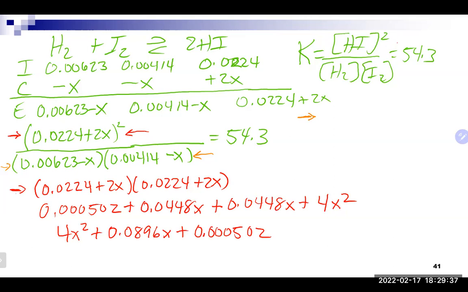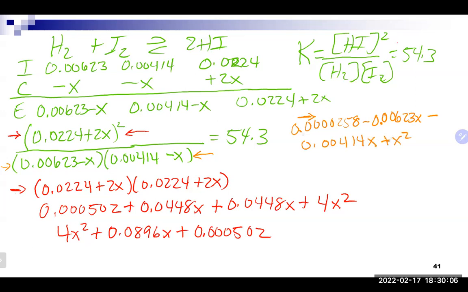So if you multiply in, multiply out on the bottom term, you end up with 0.000258 minus 0.00623x minus 0.00414x plus an x squared.